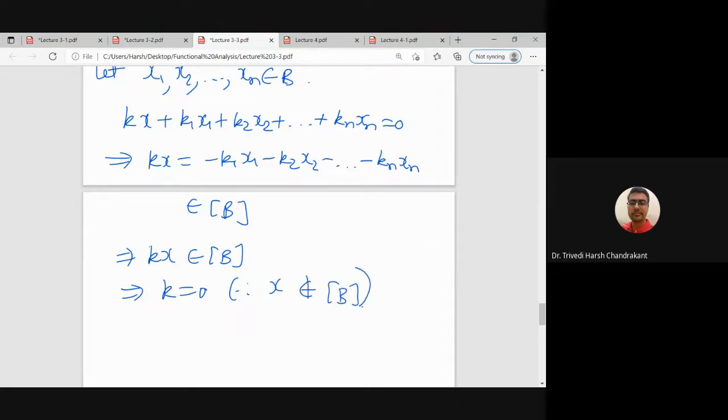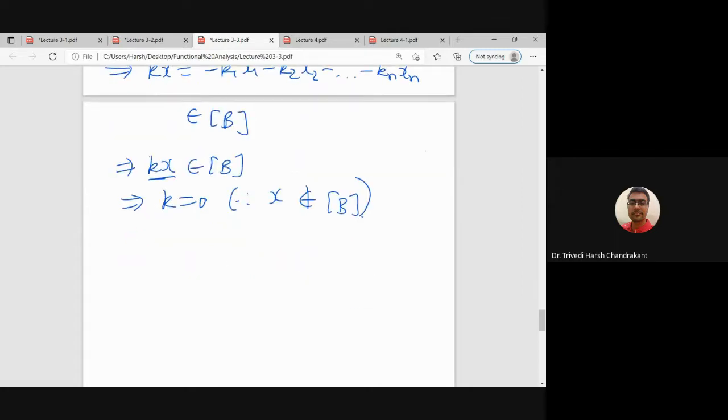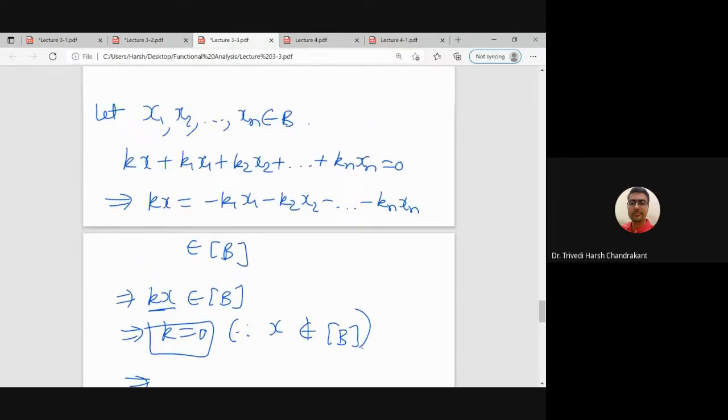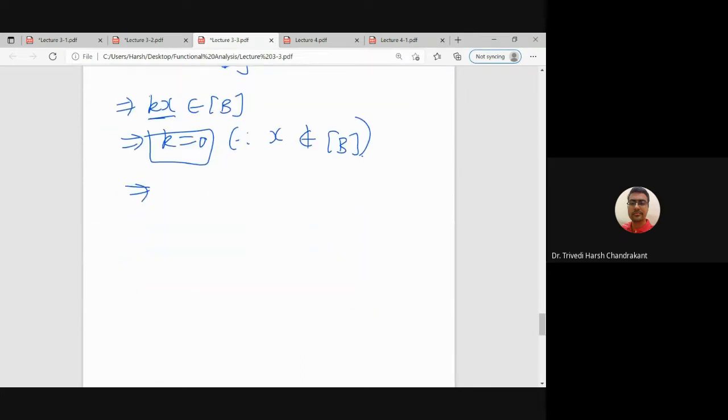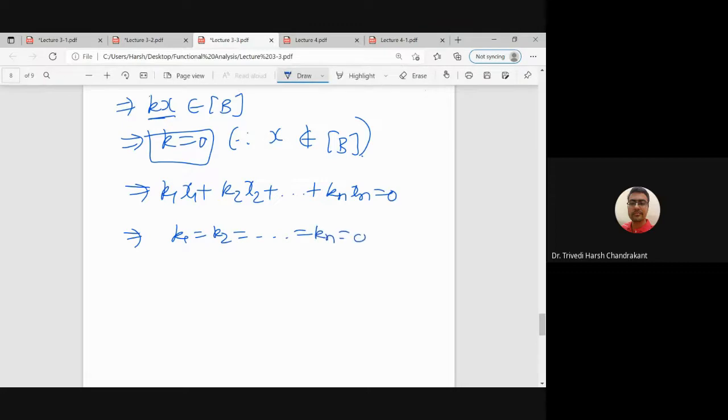Because if k is non-zero, then you can multiply by the inverse of k, and that will give us x belongs to span B. So we got k is 0, and if we substitute k equals 0 again in this equation, we get k1 x1 plus k2 x2 plus ... plus kn xn is 0, and that will give us k1, k2, ..., kn are 0.